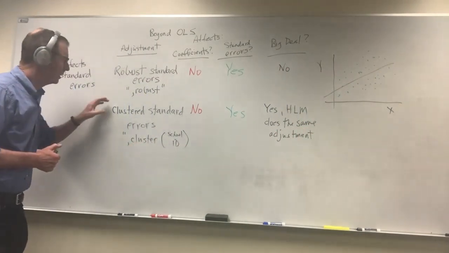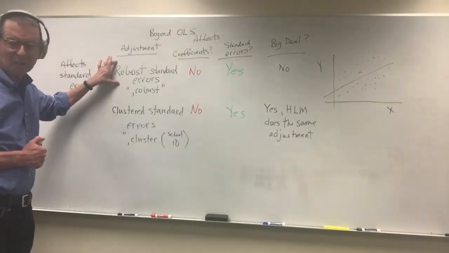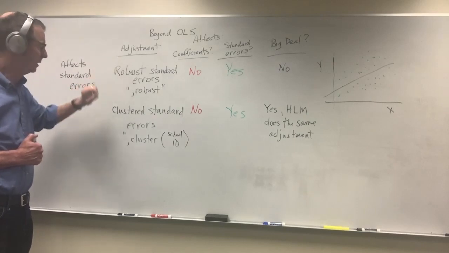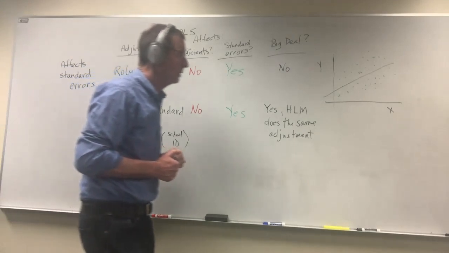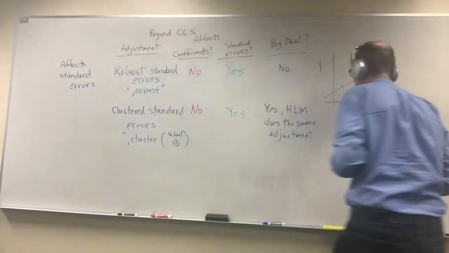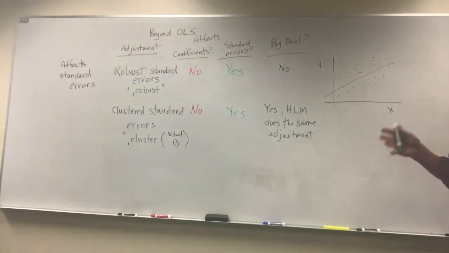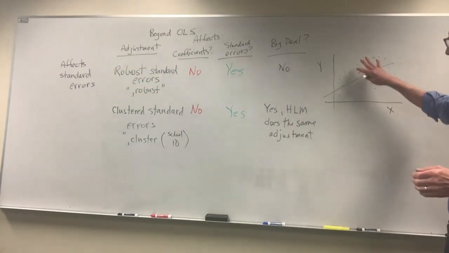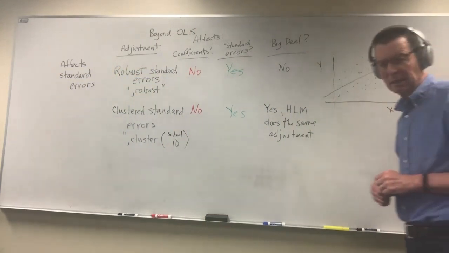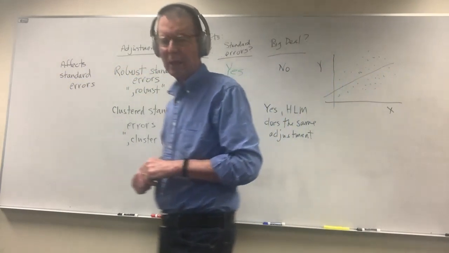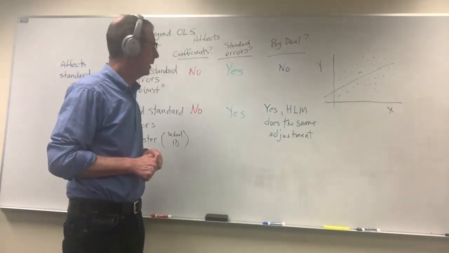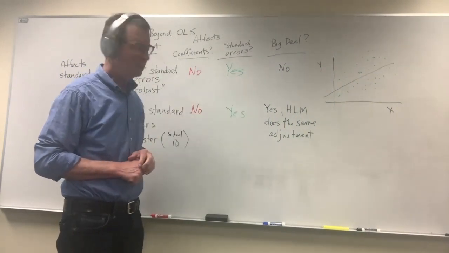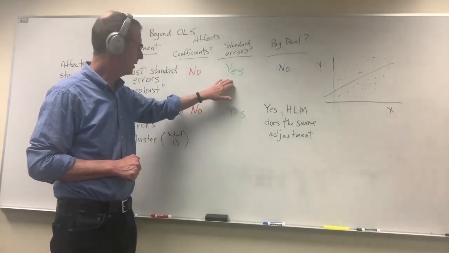And that is to ask Stata to estimate robust standard errors with this comma robust command. I don't want to get into the details here, but it will adjust for this non-uniform variation around the regression line. And it will have some adjustment, not very much of an adjustment to the standard errors.